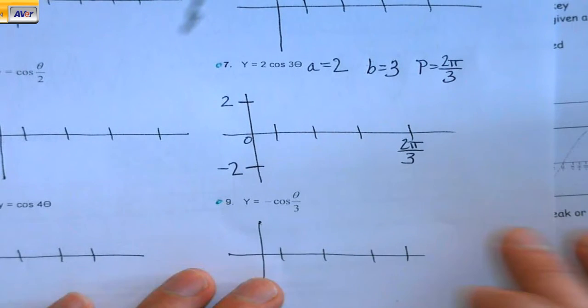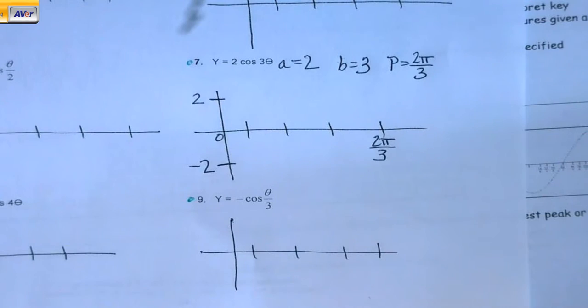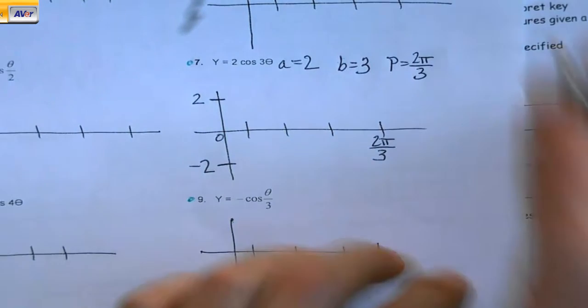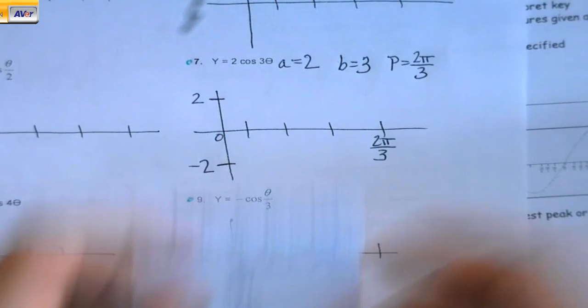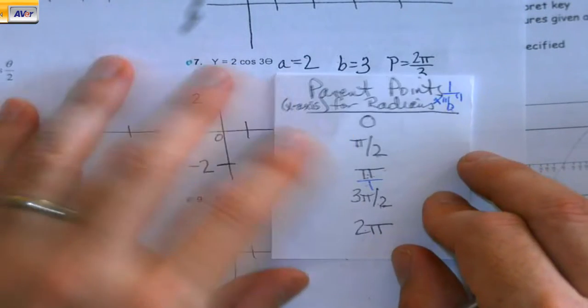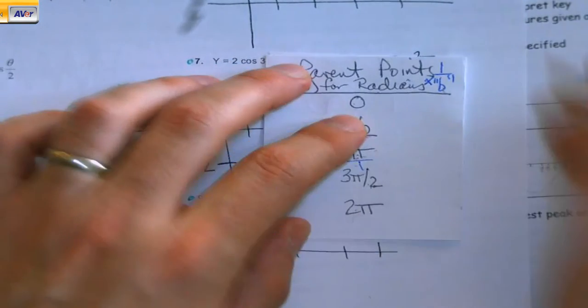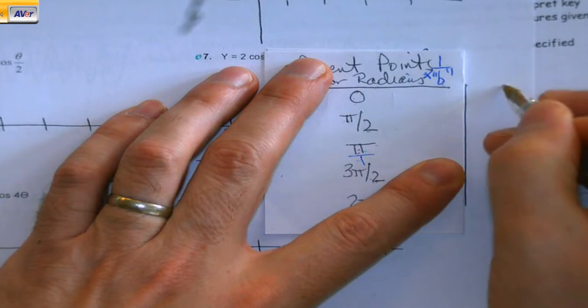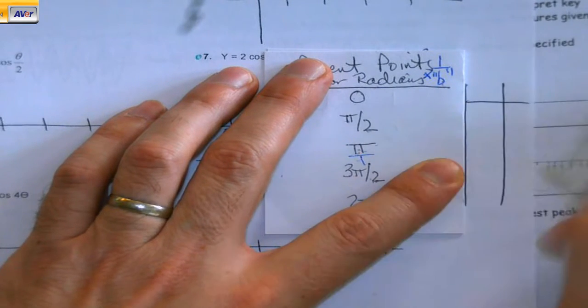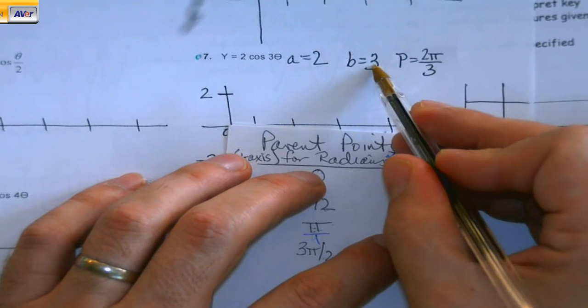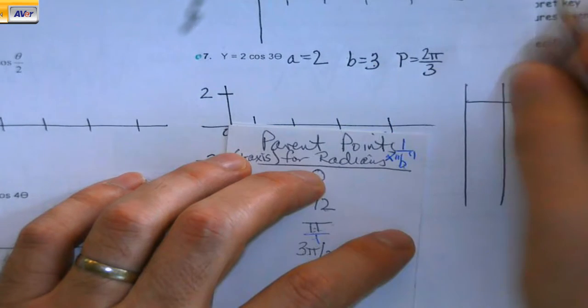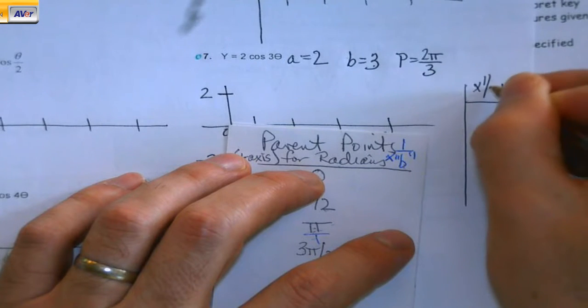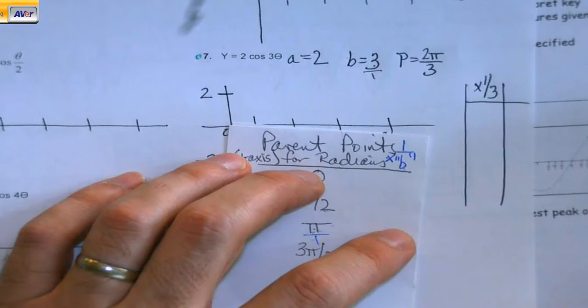So here's how I'm going to kind of do this. I'm not going to put in my first part of the chart this time. I'm just going to use my little card here. And I'm going to go, okay, what am I going to be multiplying by? Well, if my b value is 3, we multiply by the flip of that.